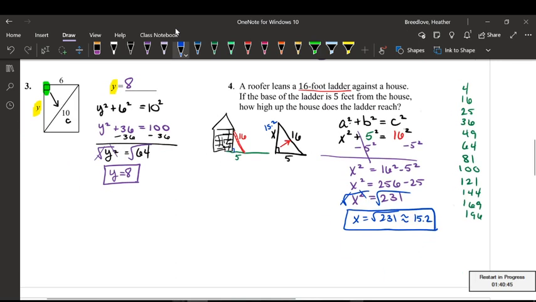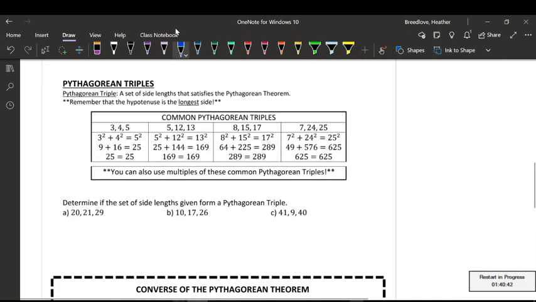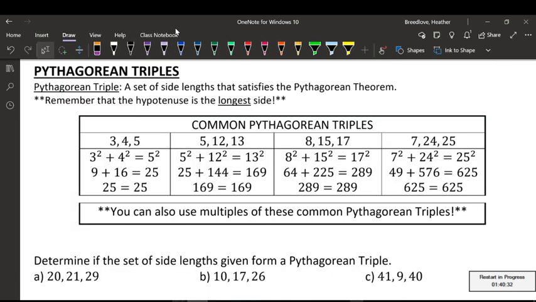All right, so that is Pythagorean Theorem and how to use it. So on the back, there's a little bit more. We have Pythagorean triples. Pythagorean triples are special sets of numbers that if you recognize, you know that they will make a right triangle. So if you're given a right triangle and it has side lengths of 3 and 4, then you know the hypotenuse is going to be a 5.